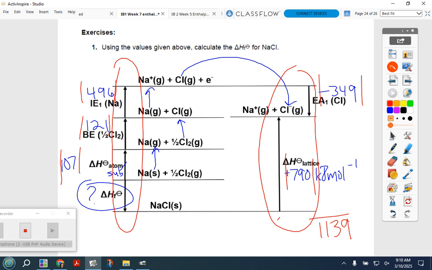So our delta HF is going to be 1139 minus 724. So it's this whole value minus this whole value gives us this value.